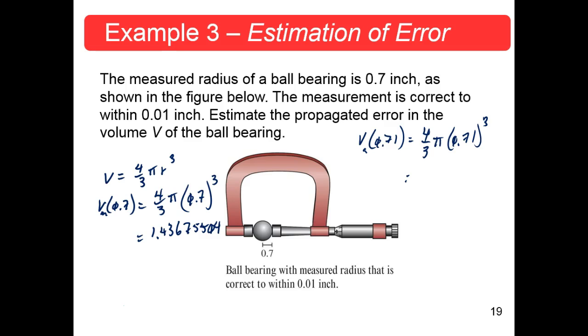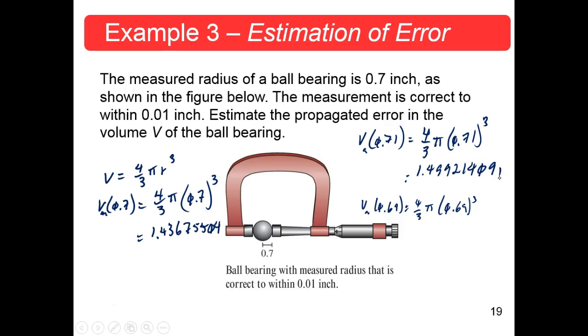So 0.71 now rather than 0.7. 1.4992... 214. Okay, 09, 91. Yes. All right.